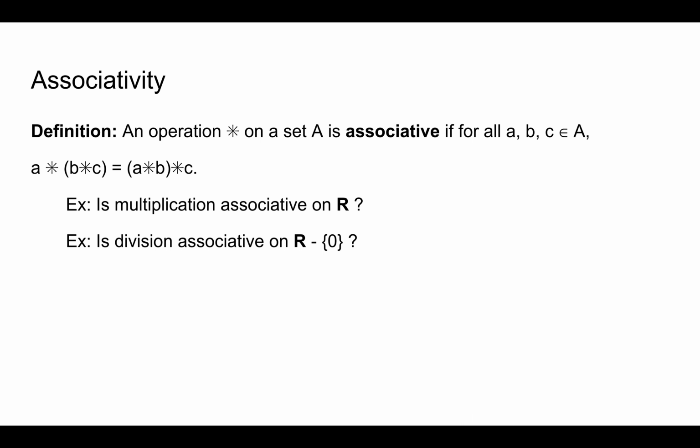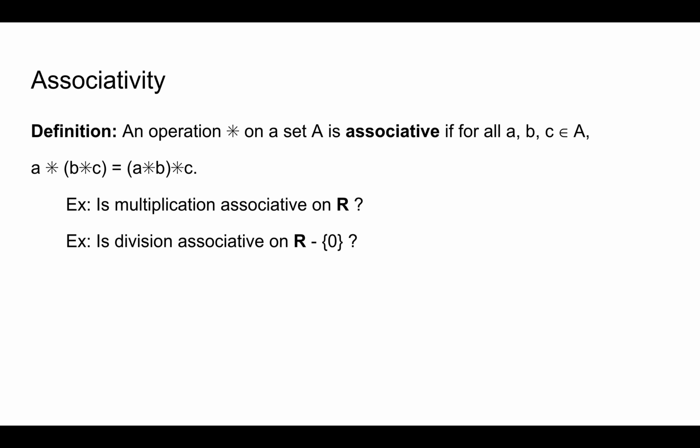An operation star on a set A is associative if for any three elements a, b, and c in the set A, (a star b) star c is equal to a star (b star c). In other words, the order in which we associate them doesn't matter.